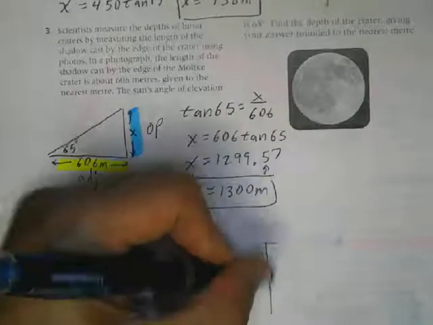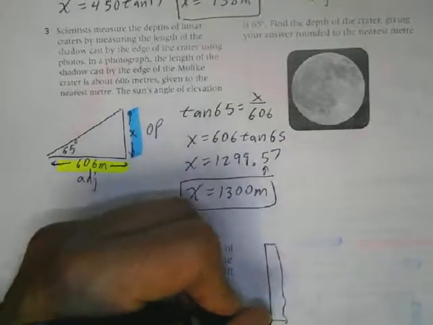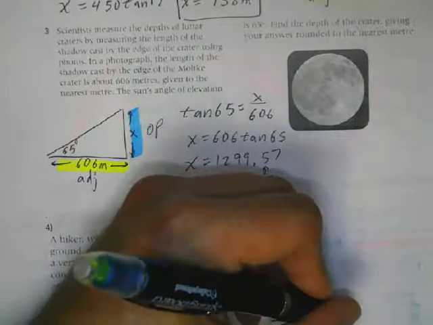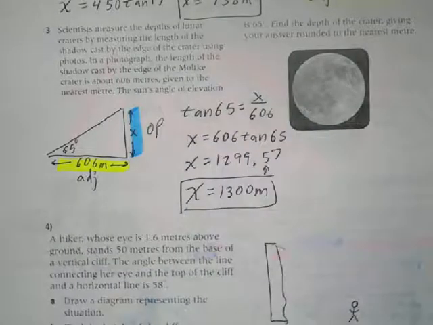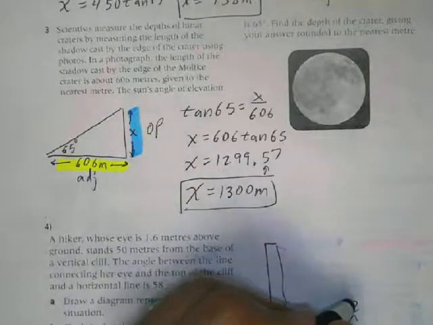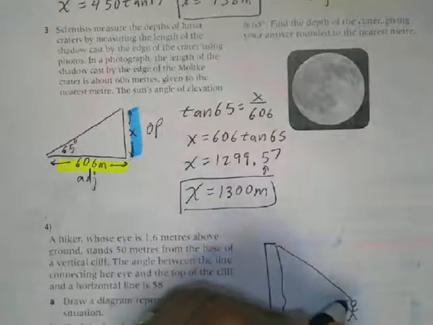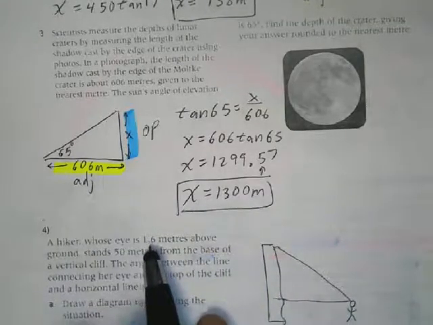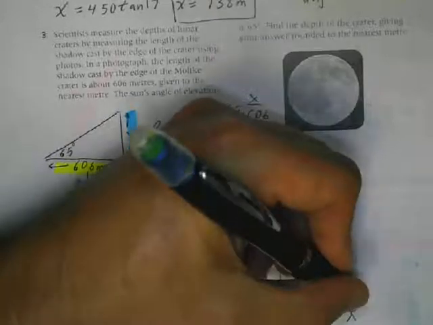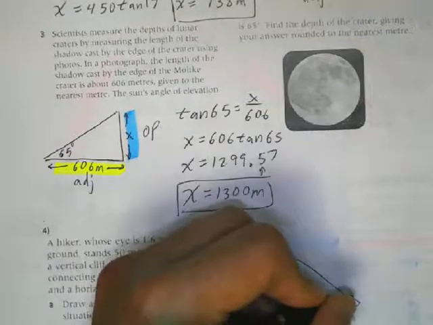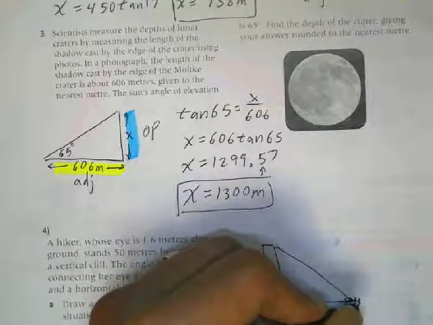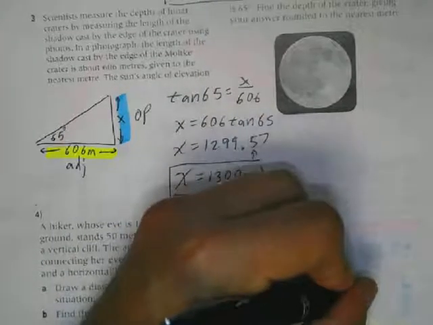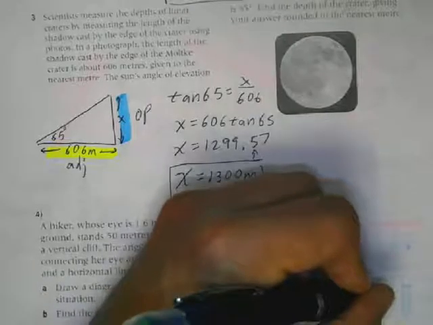Here's a cliff, and we have a hiker. The hiker's eye is 1.6 meters off the ground. So this is the person's eye.